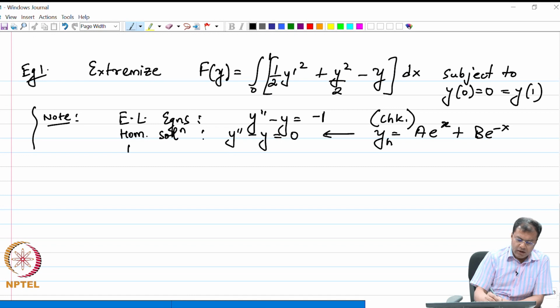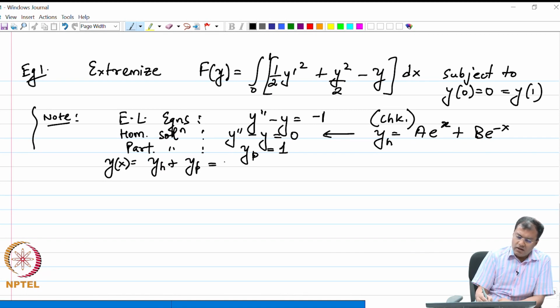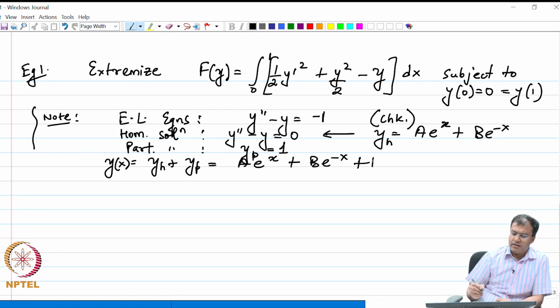And the particular solution is given by y particular equal to 1. We can plug in and see that y particular equal to 1 satisfies the ODE. So, finally, the solution y of x is y homogeneous plus y particular, and the solution comes out to be a e to the power x plus b e to the power minus x plus 1.